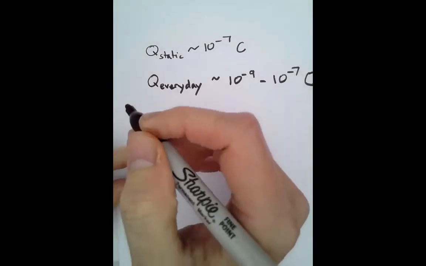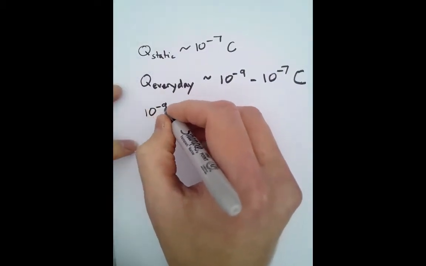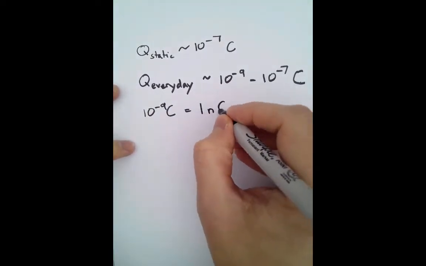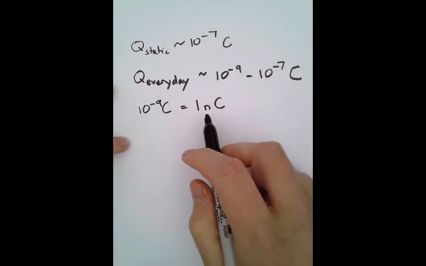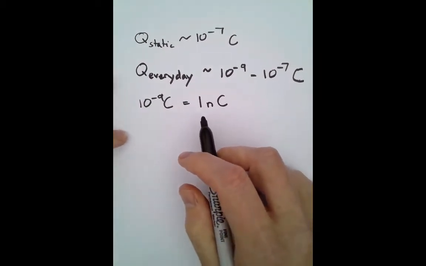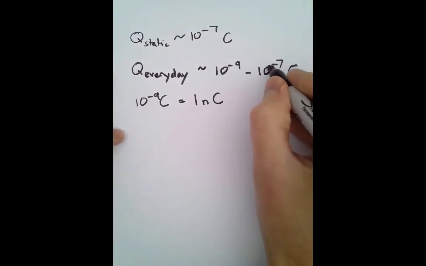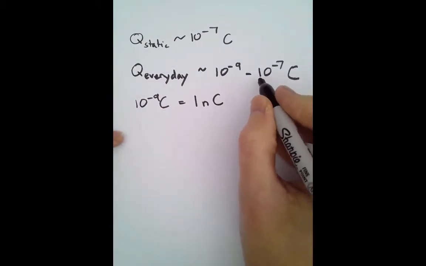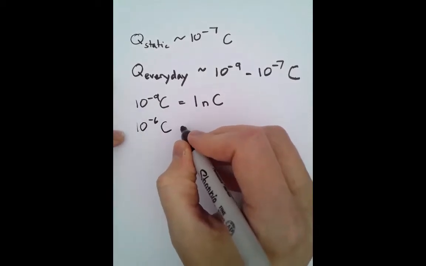Okay, 10 to the minus 9 coulombs is otherwise known as a nanocoulomb. So you'll see that a lot of problems tend to involve charges around a nanocoulomb. If you try really hard, you can probably get a static charge up to at most 10 to the minus 6 coulombs. Right?